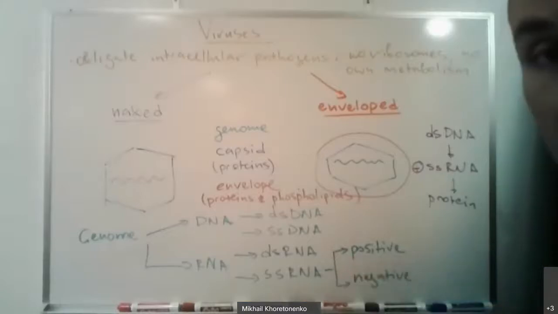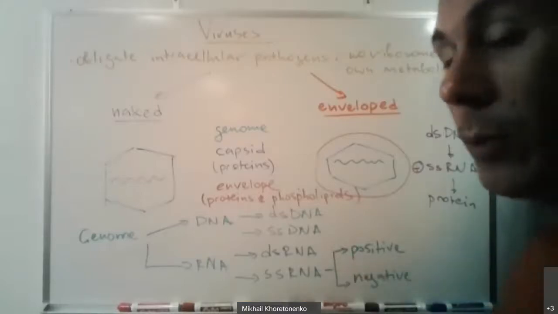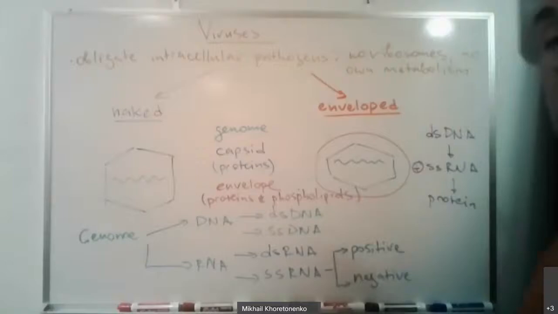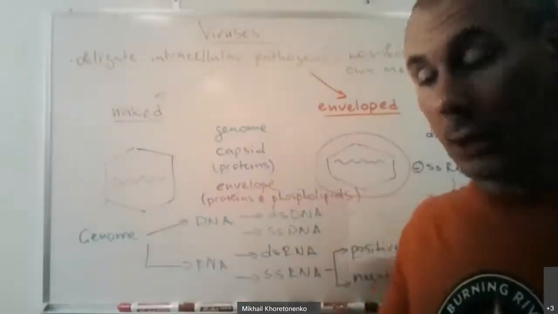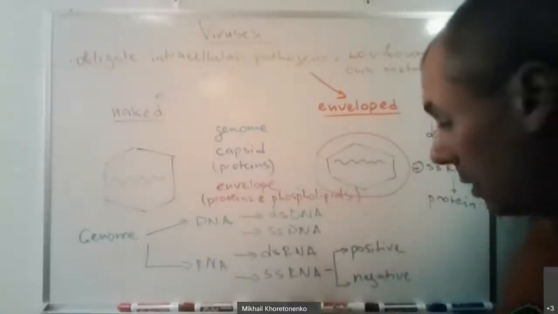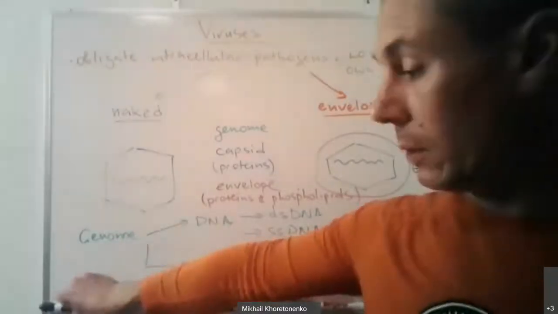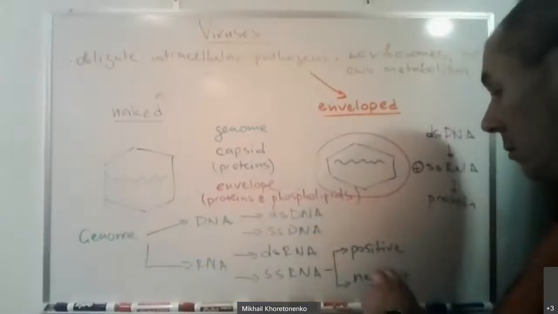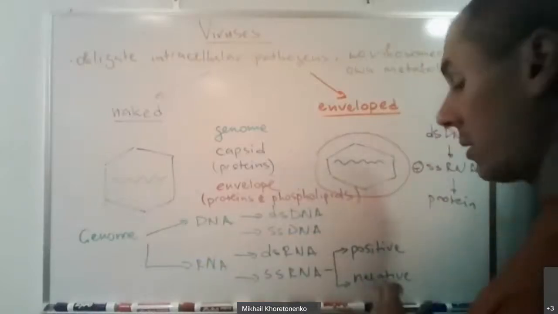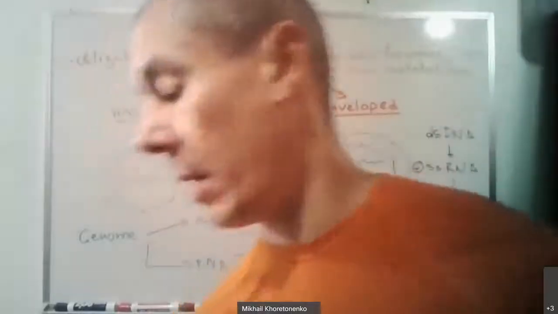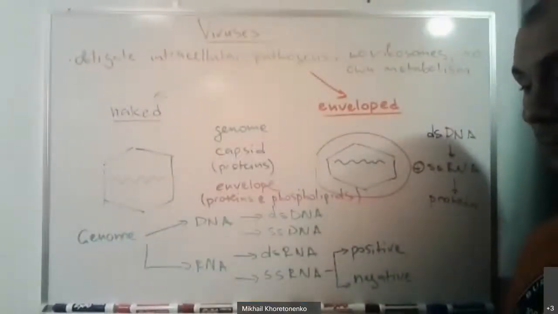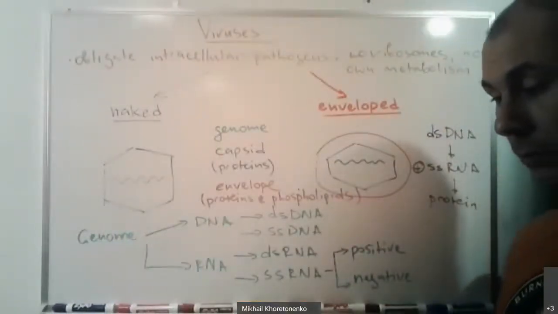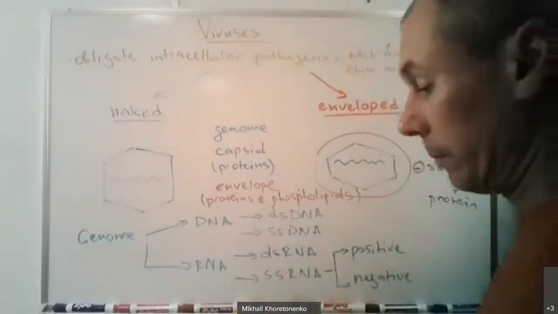So positive single-stranded RNA can be immediately used for protein synthesis. Negative single-stranded RNA has to be complementary copied into a positive form to start protein synthesis. Does that make sense? I usually compare this to a photograph, and this is a negative that has to be converted into a photograph. So far, we good? Questions? Okay.